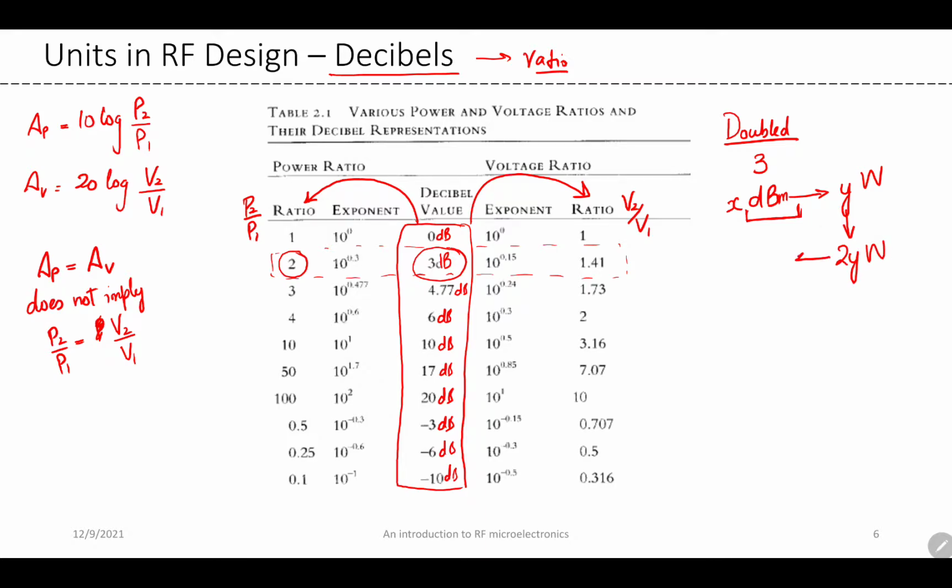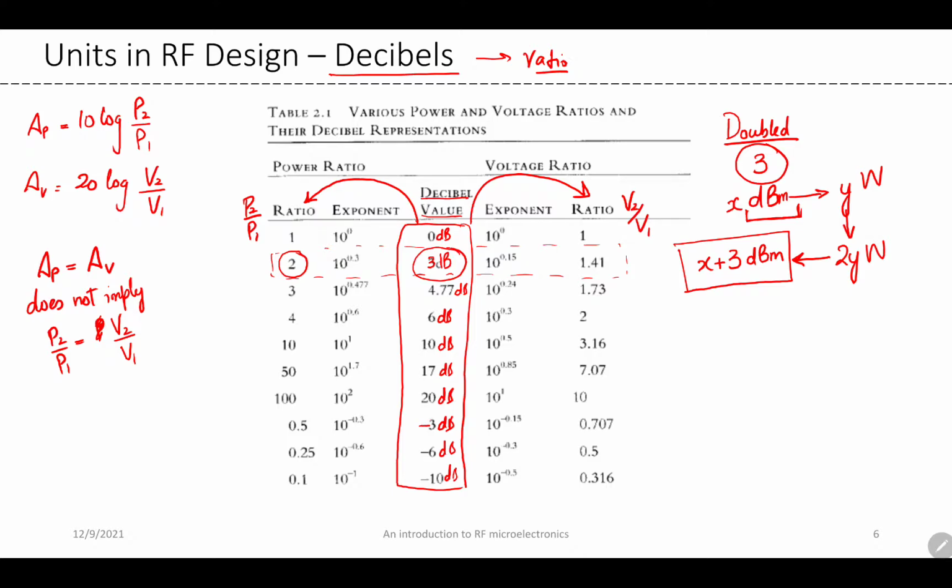That would correspond to a power level of X plus 3 dBm. That's what this number means. Whenever there's a doubling, the decibel value corresponding to it is 3.